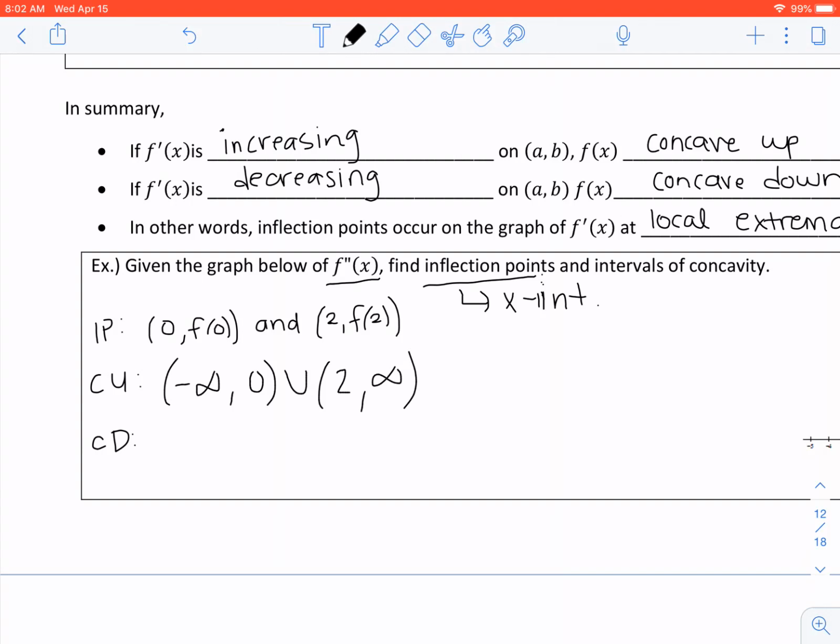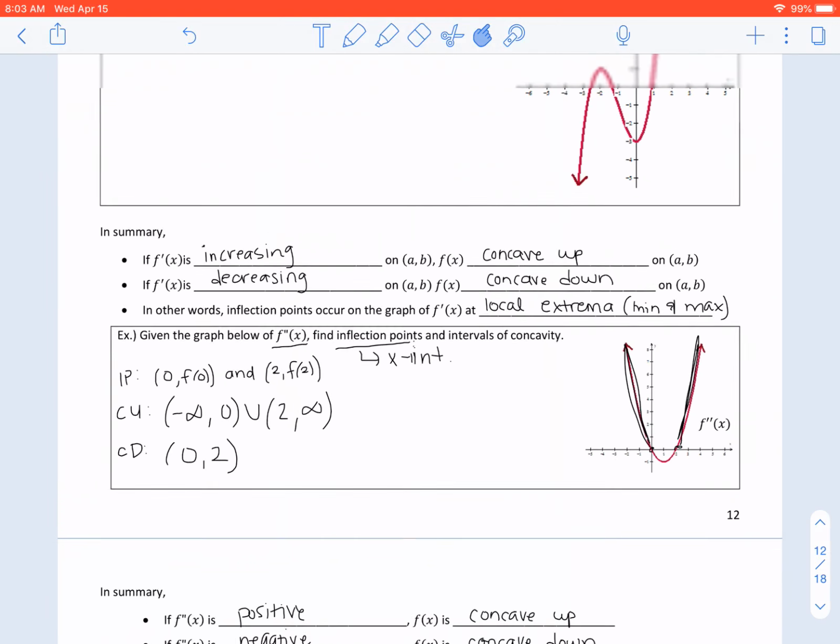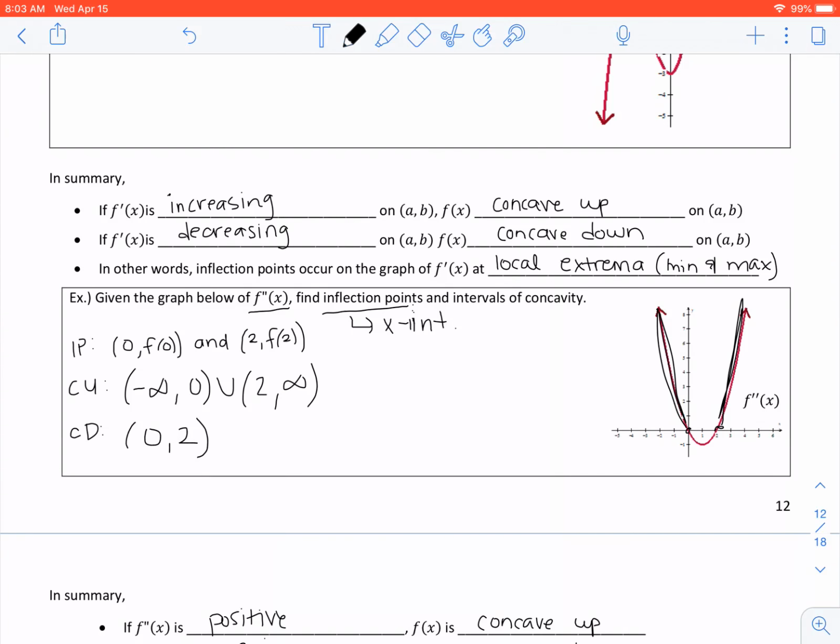And concave down is where it's below, which is going to be between 0 and 2. And again, this is because your second derivative is less than 0 where it's concave down, and above because that's where your second derivative is greater than 0.